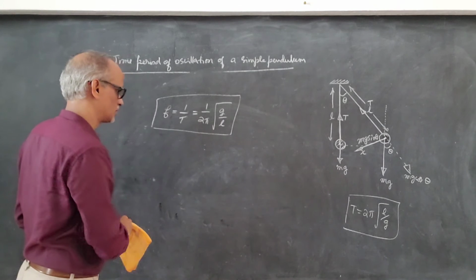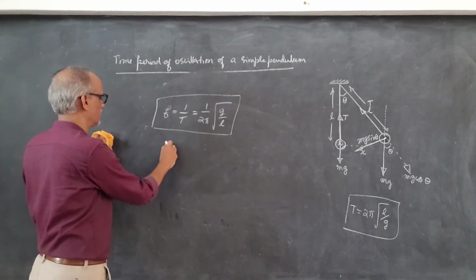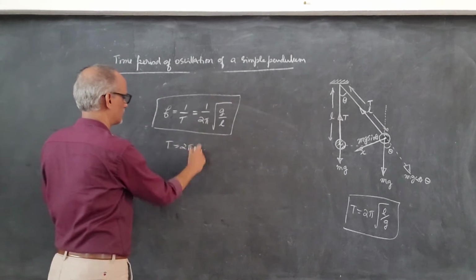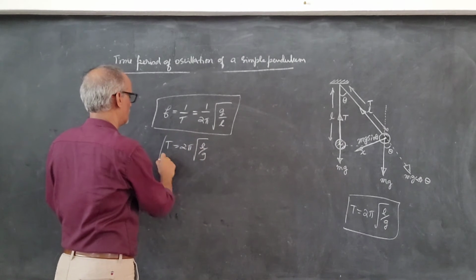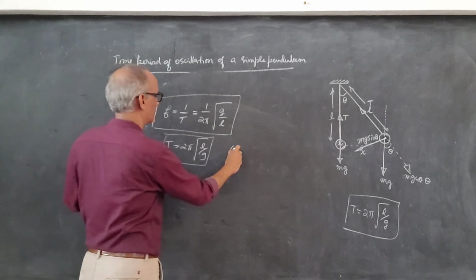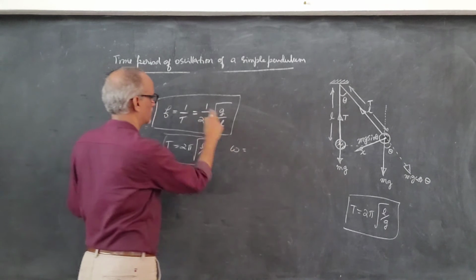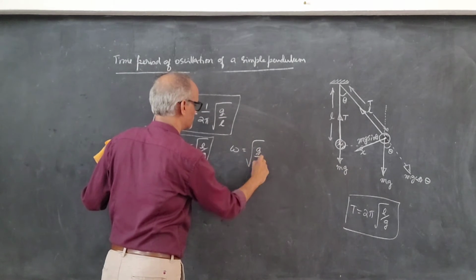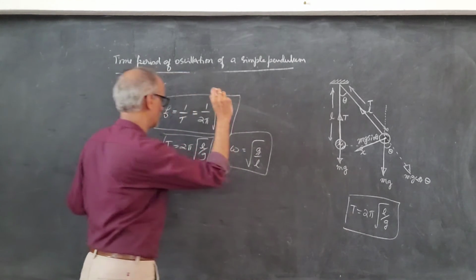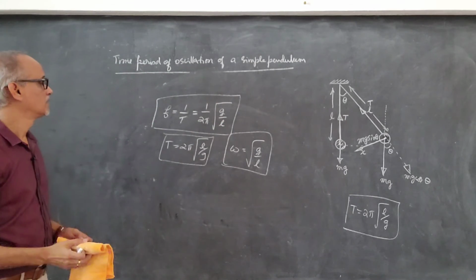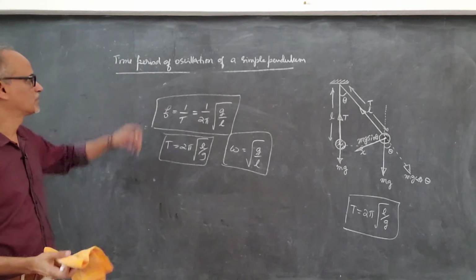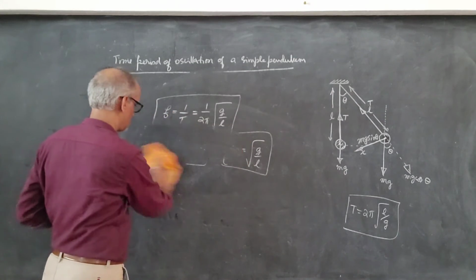So we have the time period of oscillation, T is equal to 2 pi root of L by g, the frequency of oscillation, and then we can even find omega, which is equal to 2 pi f, which is root of g by L. So these are the different equations related to the oscillation of a simple pendulum.